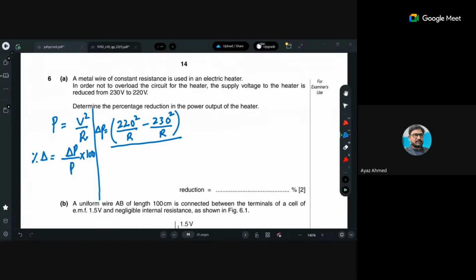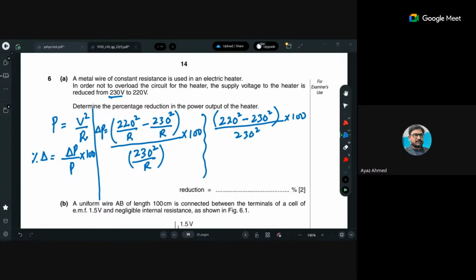Original power was how much? 230. This was the actual value. So it is 230 whole square divided by R, times 100. From here, by logic, you can just cancel the R. So the overall value will be 220 square minus 230 square divided by 230 square, times 100. Can you please calculate this?